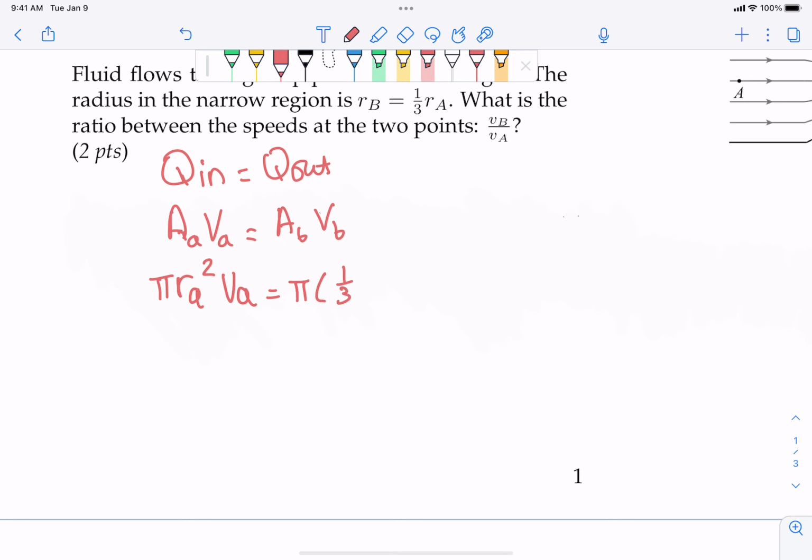So you can say 1/3 RA squared, and times VB.